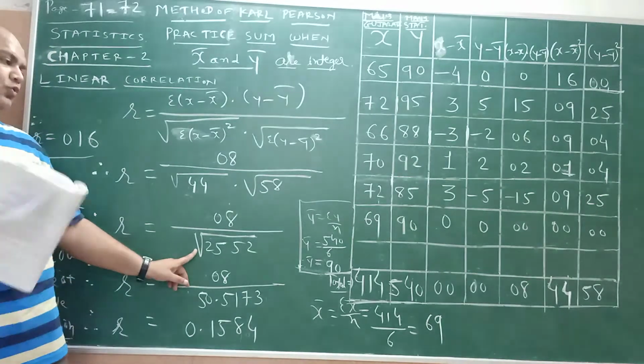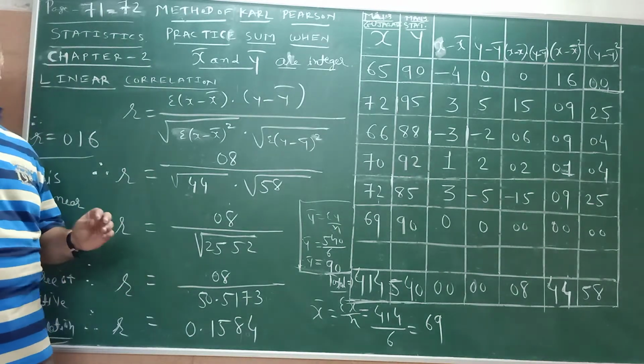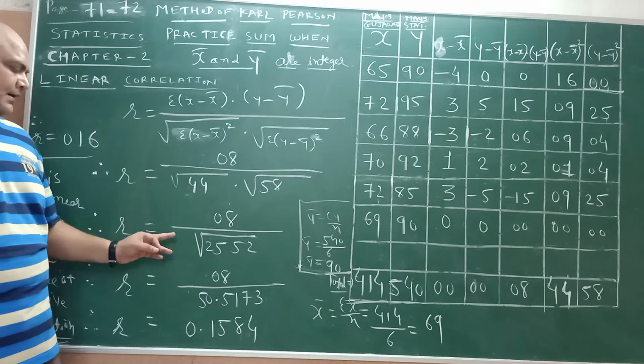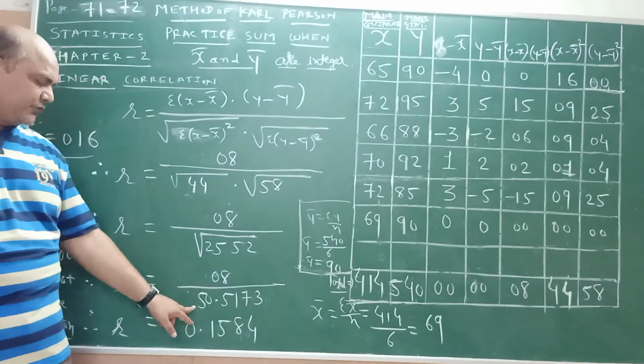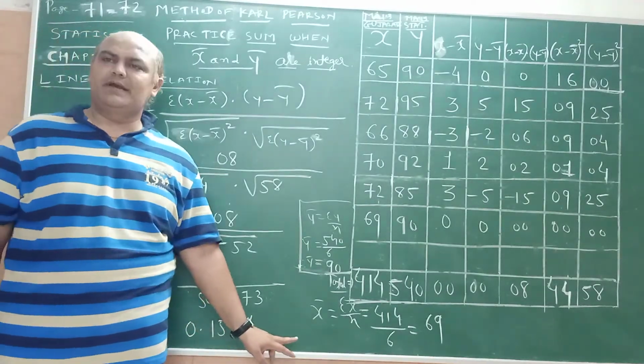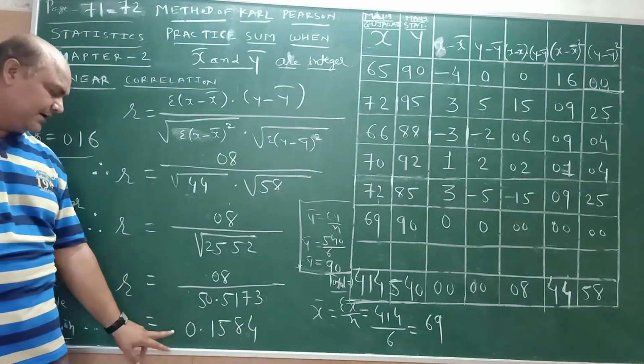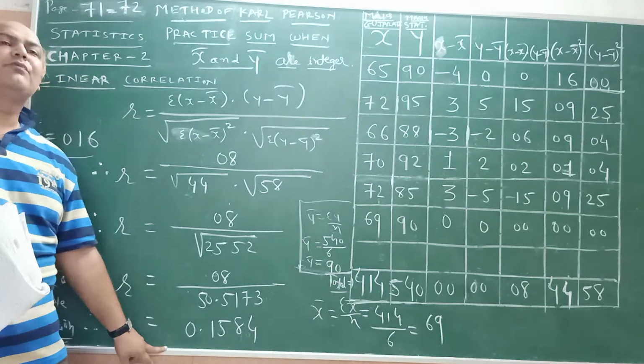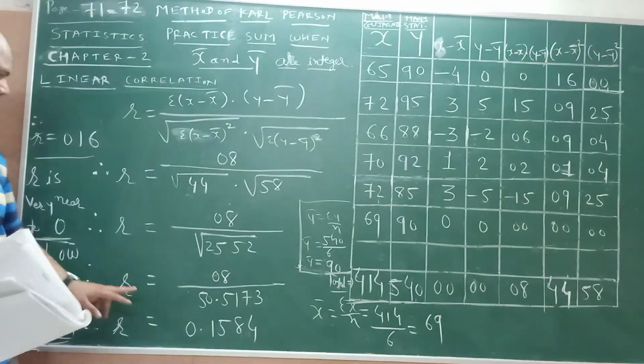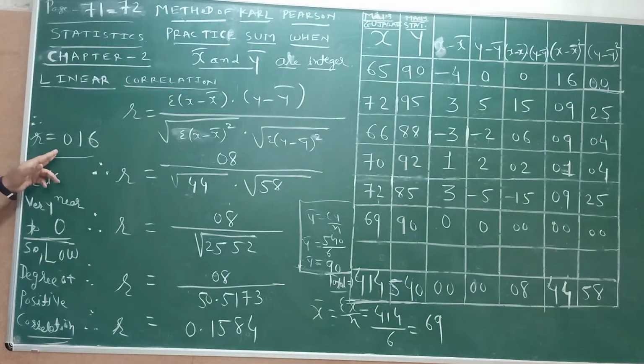Now we have to do under root of 2552, and that under root is 50.5173. 8 divided by 50.5173, the answer is 0.1584. Or we can say it is 0.16. See, here the value of r is very much nearer to 0.